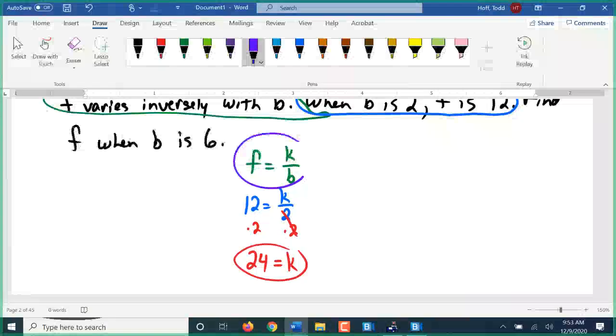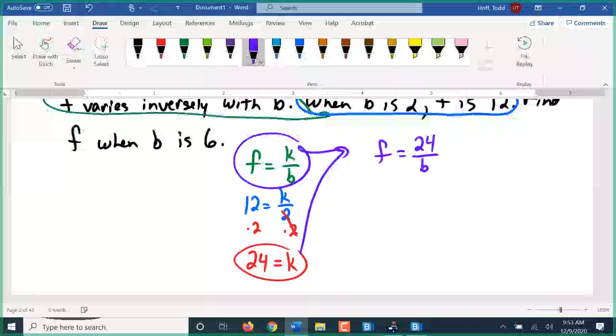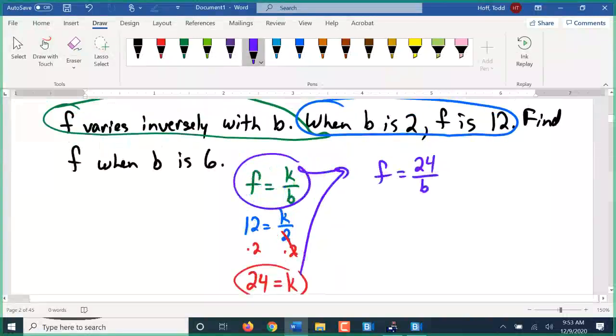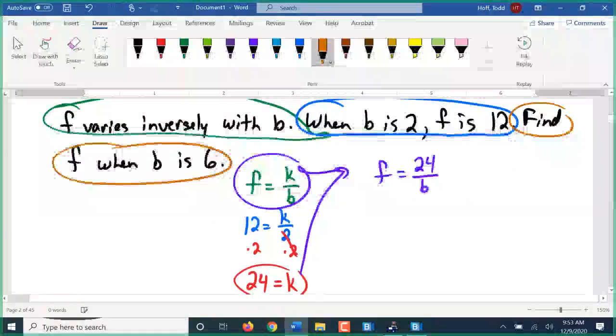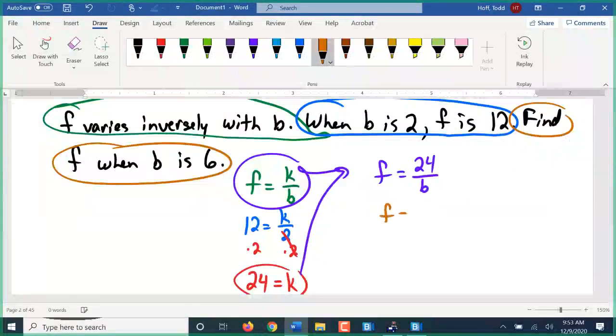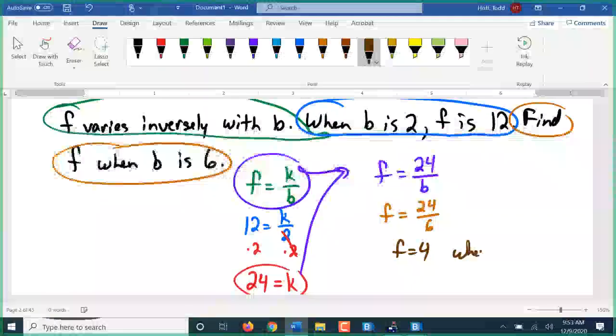So this relationship here now can be clarified as F equals 24 divided by B. And then we're asked, find F when B is 6. I just put 6 in for B, and I divide. 24 divided by 6, F is 4 when B is 6.